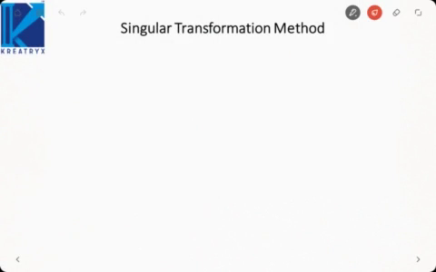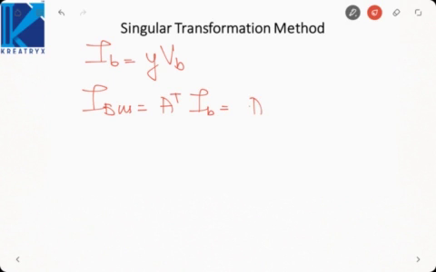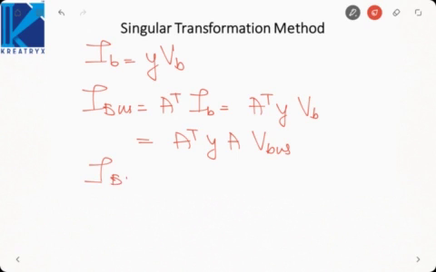Now we know the relation between I branch and V branch. So I can write I bus as A transpose I branch. That is A transpose Y into V branch. And we can write V branch as A into V bus. So that means I bus is equal to Y bus into V bus, where all elements represent matrices.